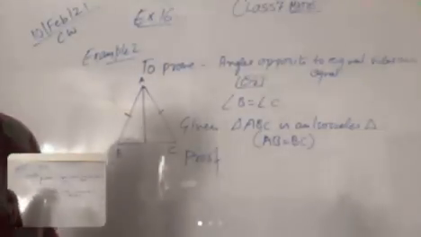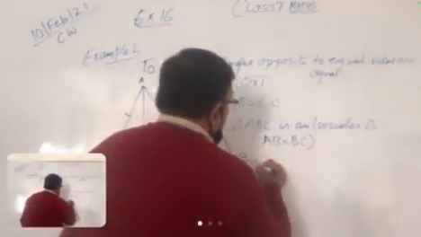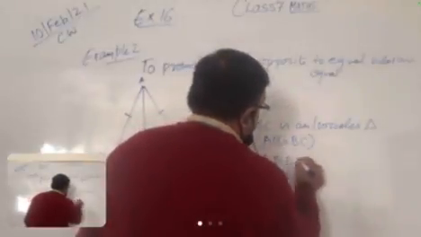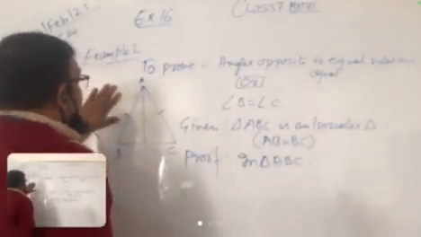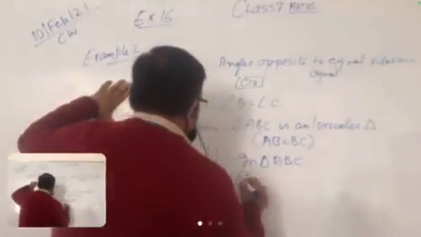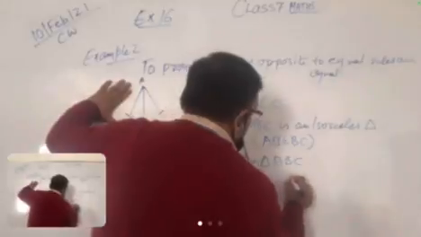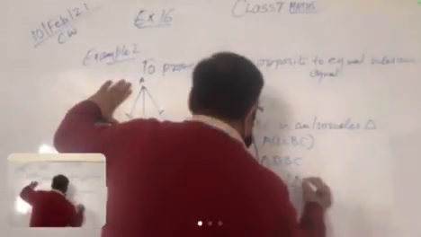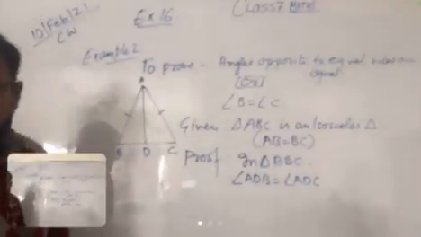So now we can write in triangle ABC, angle ADB is equal to angle ADC.